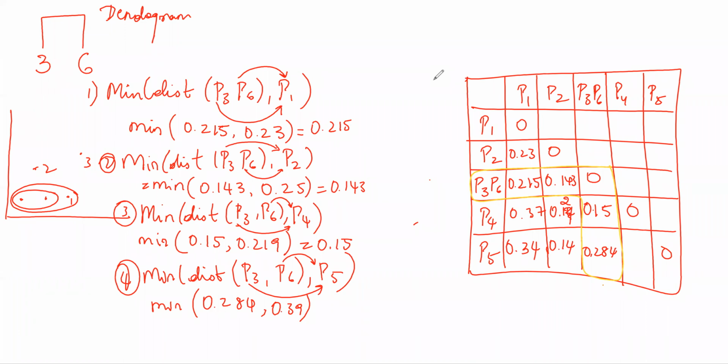So this is the smallest one. P2 and P5 have the smallest distance, so I'll again create the dendrogram, forming these 2 points into a cluster. So these two are the new clusters now: 3 and 6 form one cluster, and 2 and 5 form one more cluster. So the second step is done.